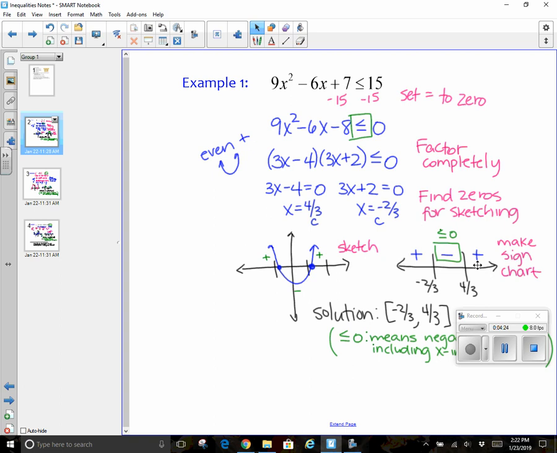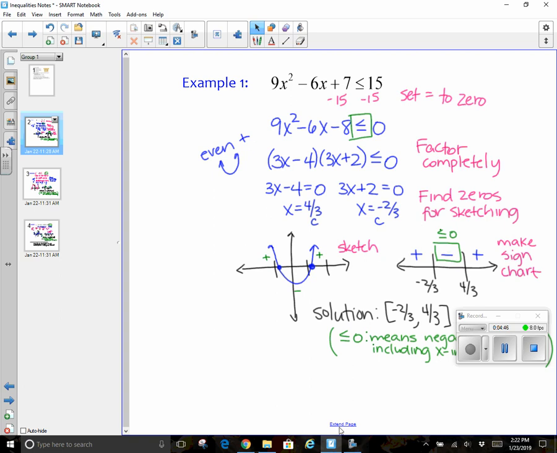And the section of the graph that's to the right of 4/3 is all above the x-axis, so that's positive. If you go back up here and look at when you set it to 0, your inequality was less than or equal to 0. Less than or equal to indicates that you want the negative sections, including the x-intercepts.